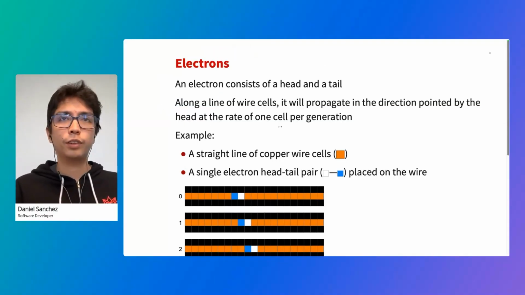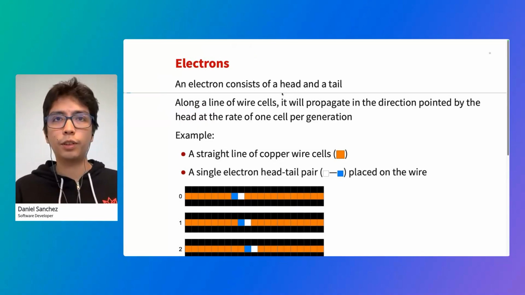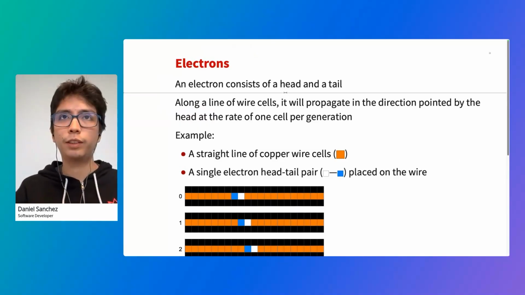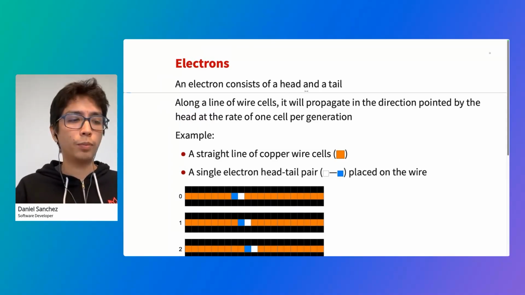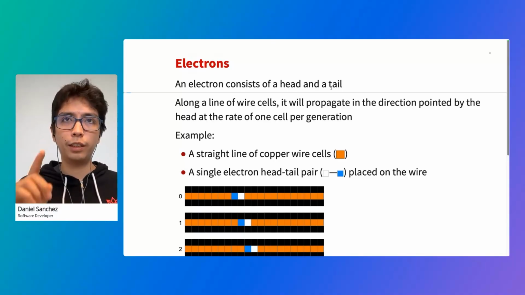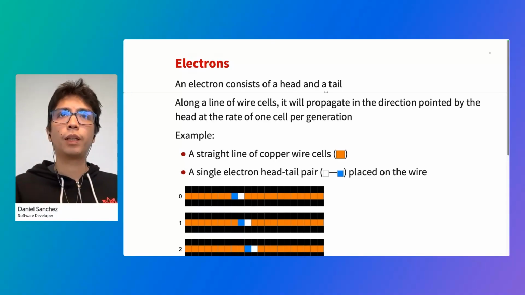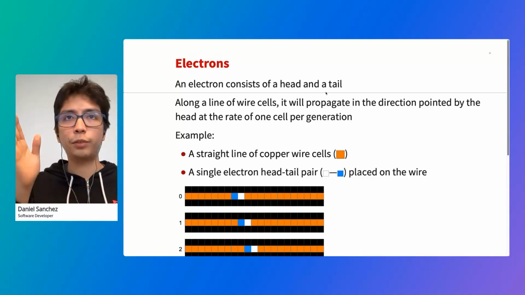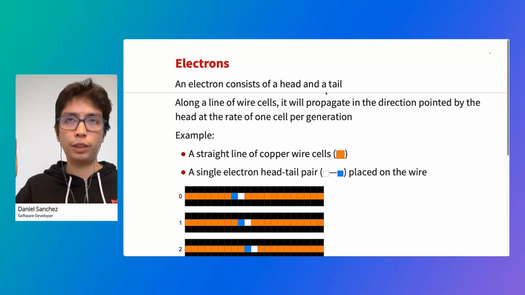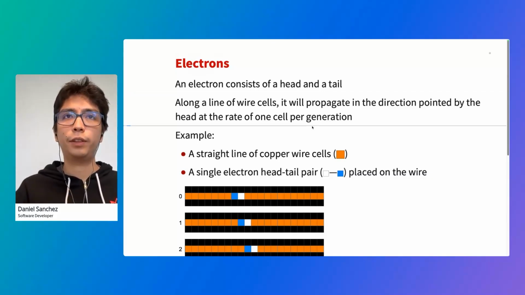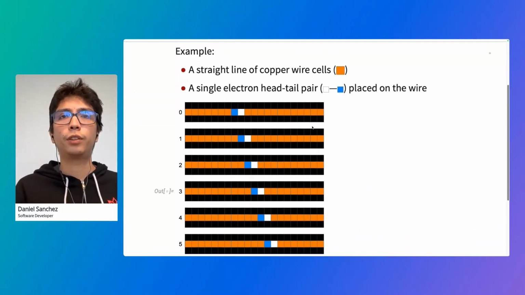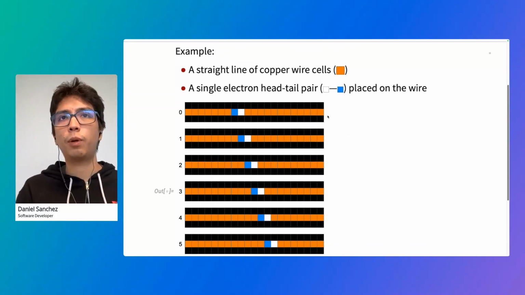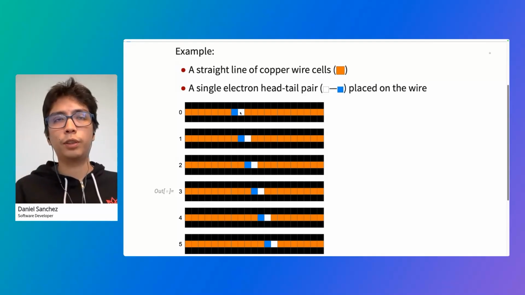Okay, electrons. I'm now going to talk, from the ground up, about all the things that you might need to build a computer. An electron is an electron head and a tail, and it will propagate in the direction of the electron head at the rate of 1 cell per generation. So we have this basic setup: a wire, and at generation 0, an electron pointed to the right.